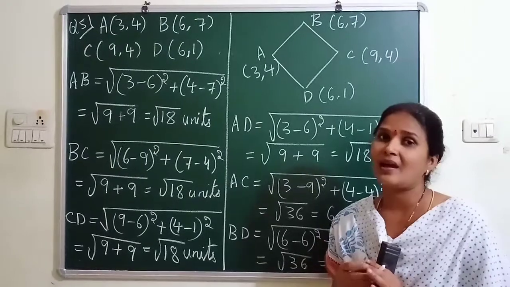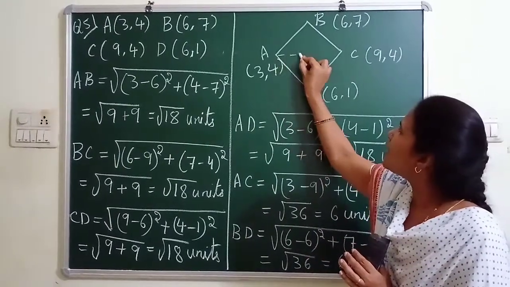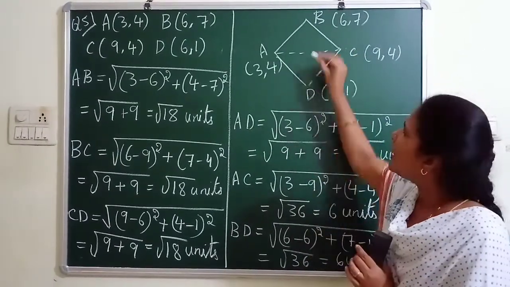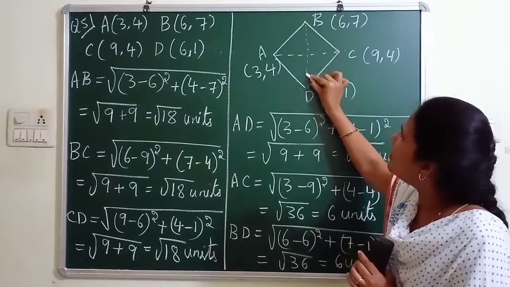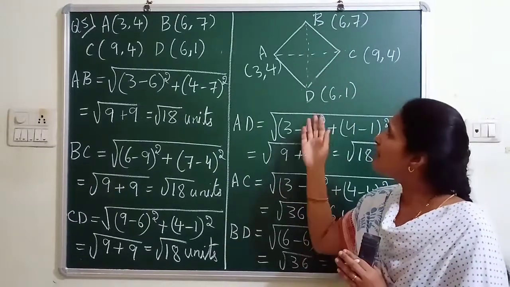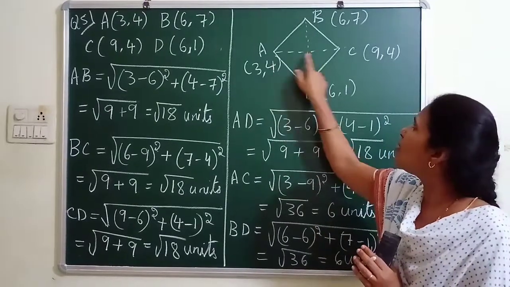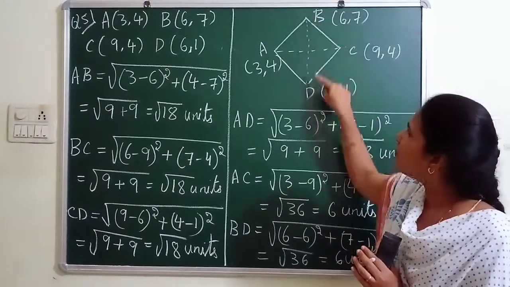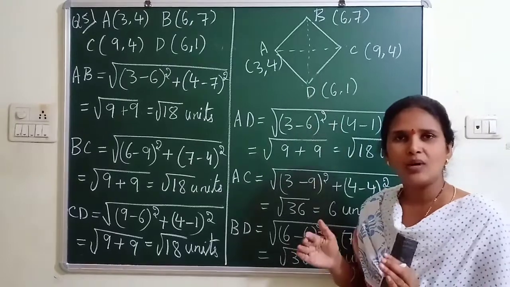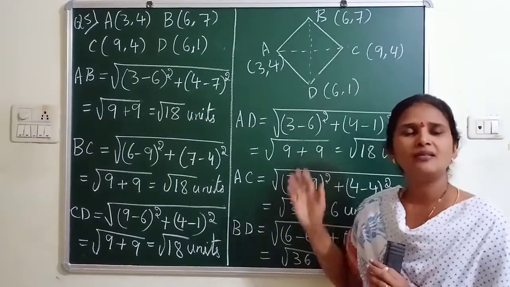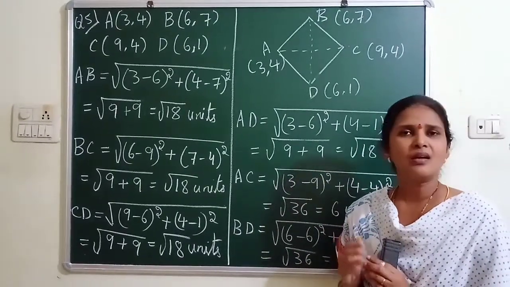We need to check diagonals. That is, we have to check the length of AC and also the diagonal length BD. We say that it is a square when diagonals are equal. So when the length of AC and the length of the diagonal BD are equal, then only we can decide that this given quadrilateral is a square.